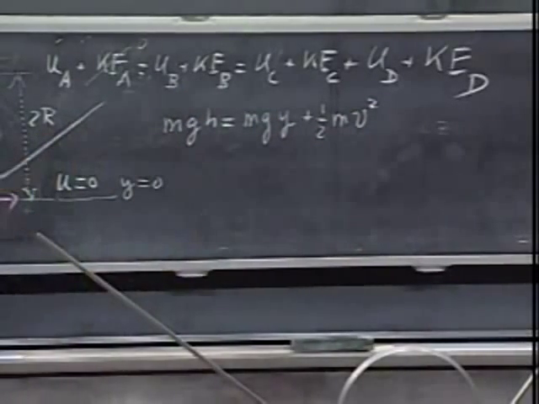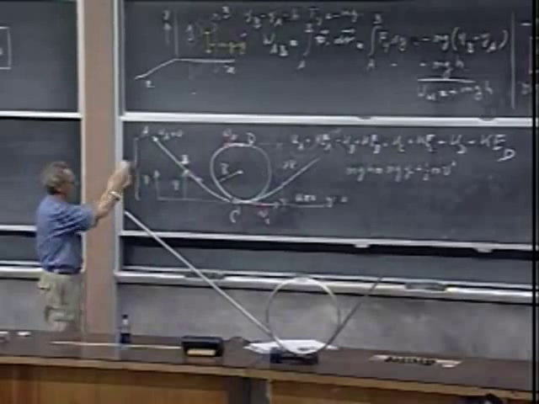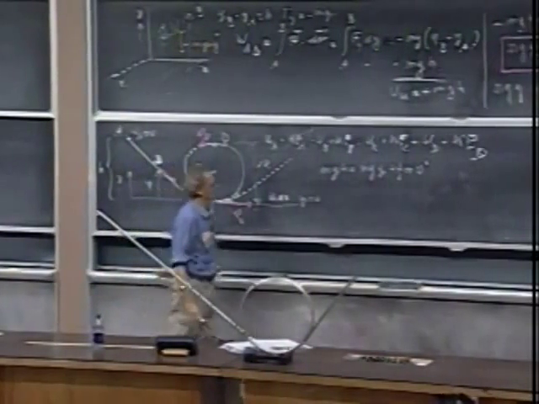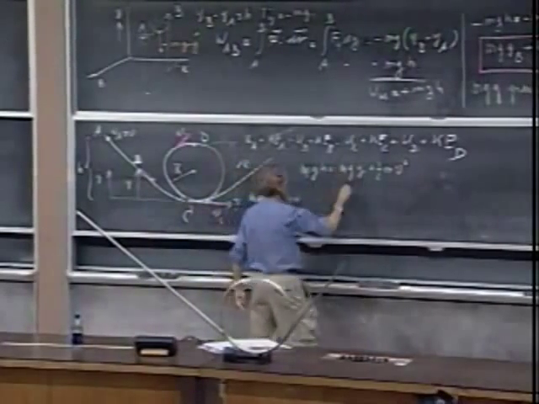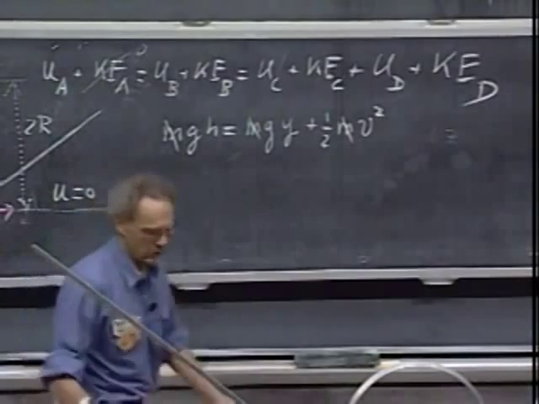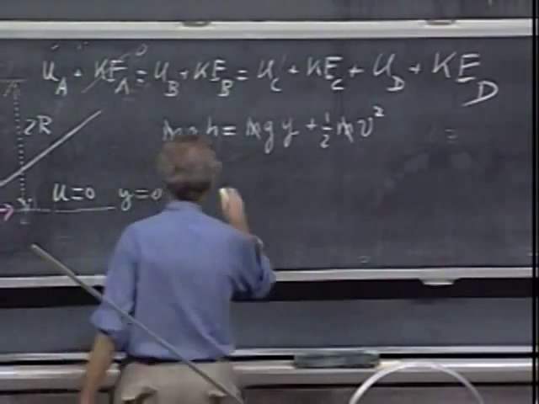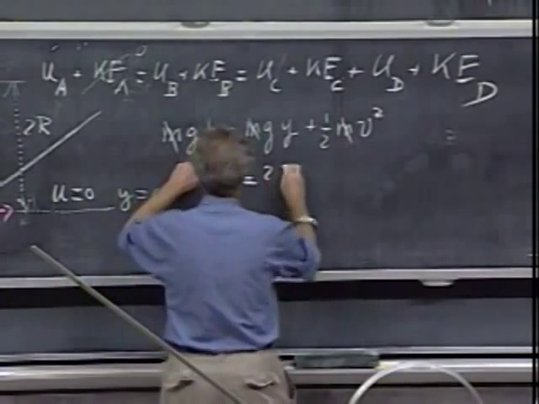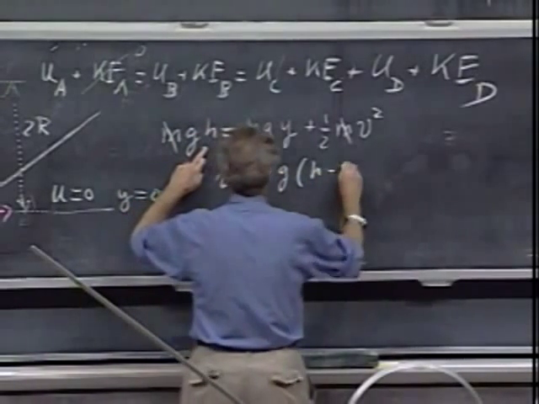What you see there should hold for every point that I have here: for A, for B, for C, for D, for any point. I lose my m, and so you find that v squared equals 2g times (h minus y).